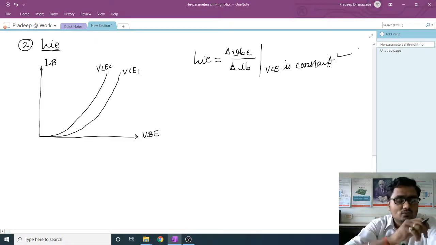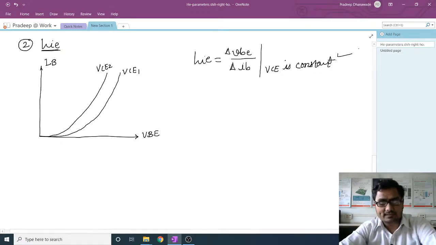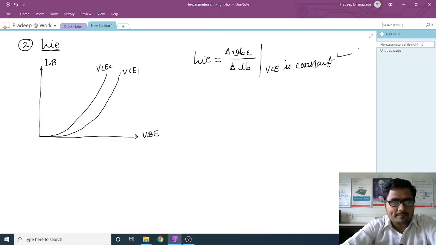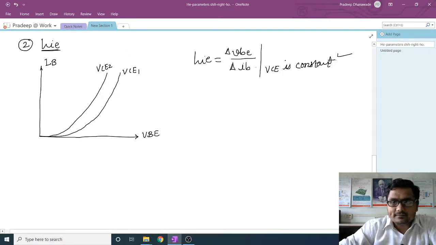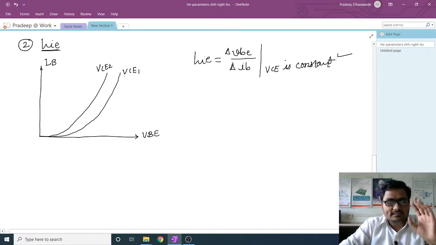So now I need to work on this graph. First thing I will do is decide a point where VCE is constant. Now look at the graph. I have two graphs, and for the complete curve, VCE is constant. For one curve VCE is constant, and for another curve VCE is constant.